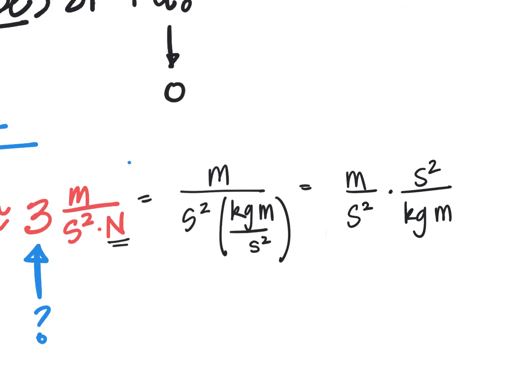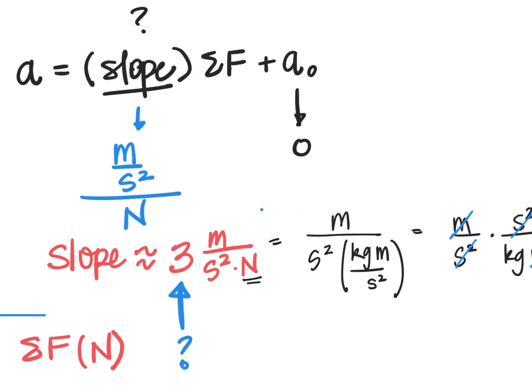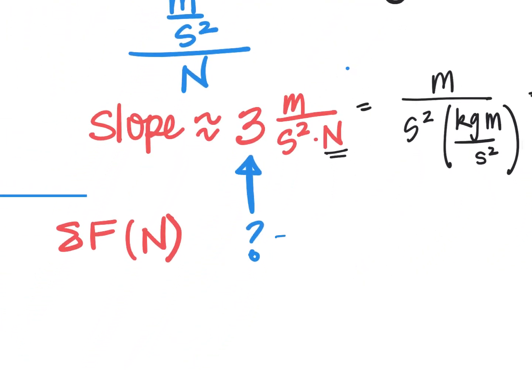And then I can cancel out meter and a second squared and a second squared, and I get 1 over kilogram. And since 1 over kilogram would be the unit for 1 divided by mass, it seems that the meaning of this slope is 1 divided by mass.